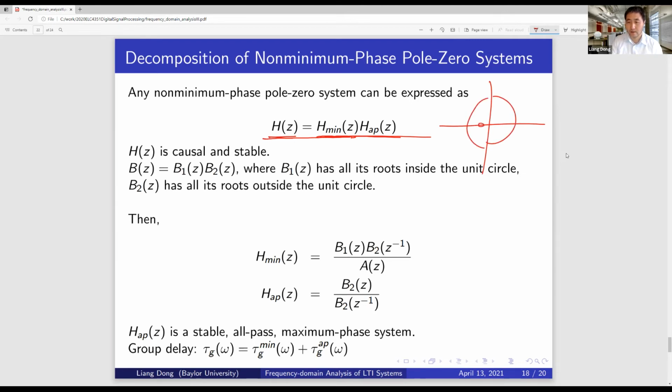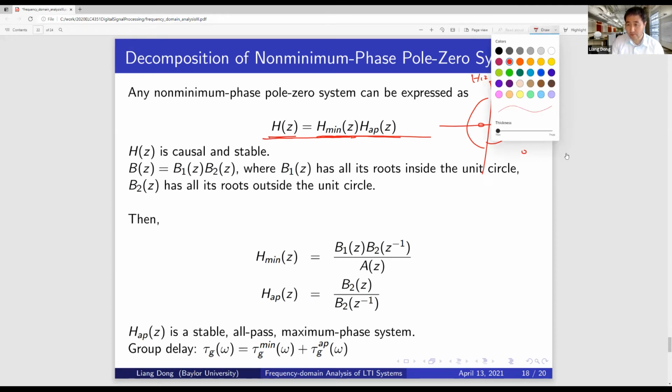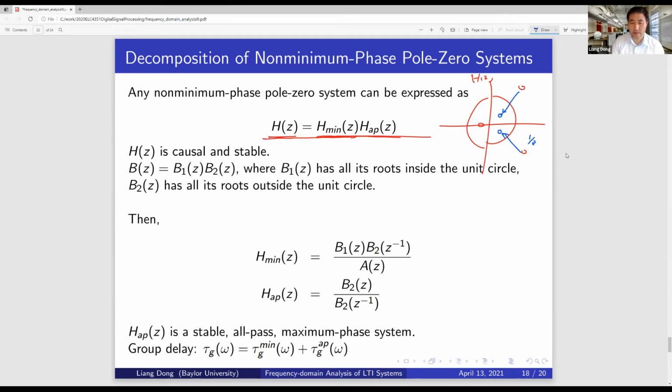If you already have zeros inside the circle for H(z), that's fine. If they are outside the circle, we do the inverse here, putting them into the inner circle. So we change that here, to here. Put all these zeros, 1 over z inverse, inside the circle. So these 3 zeros will generate a minimum phase system.